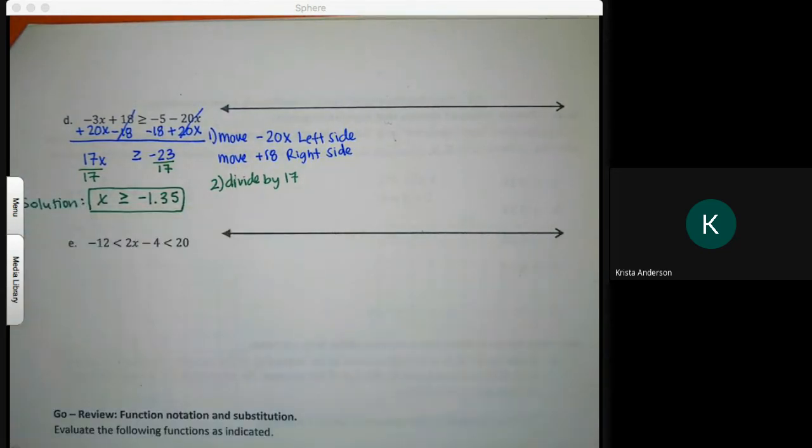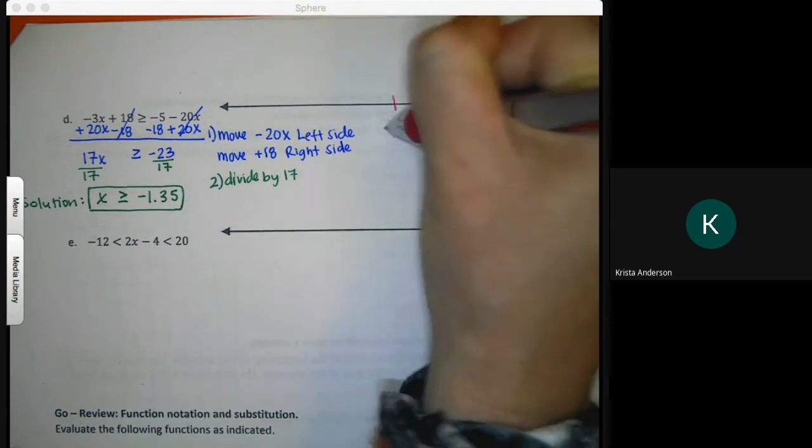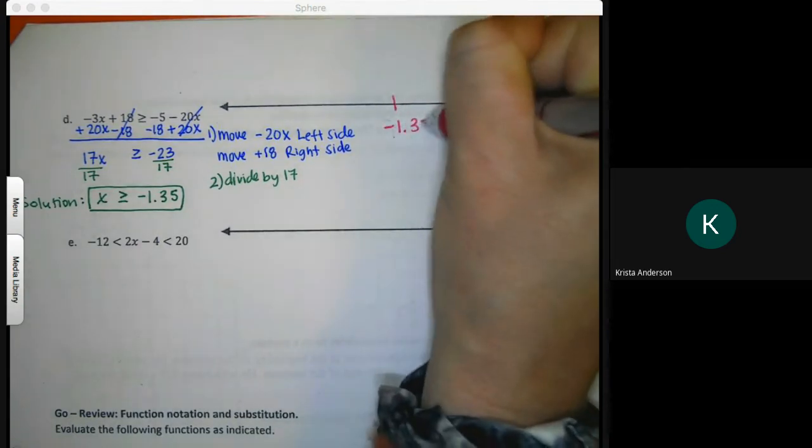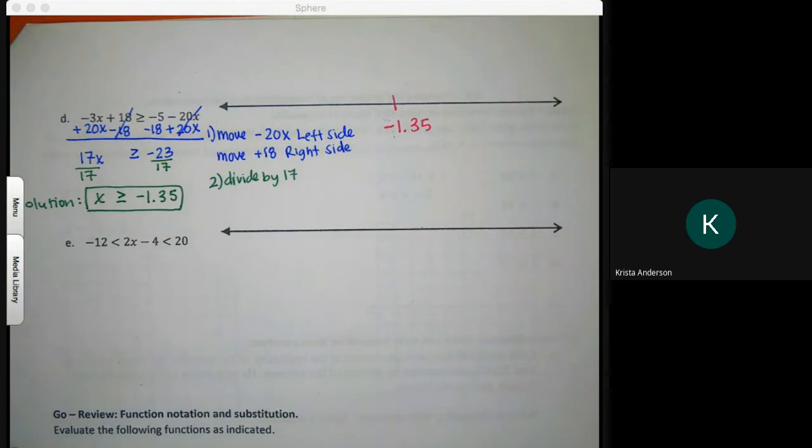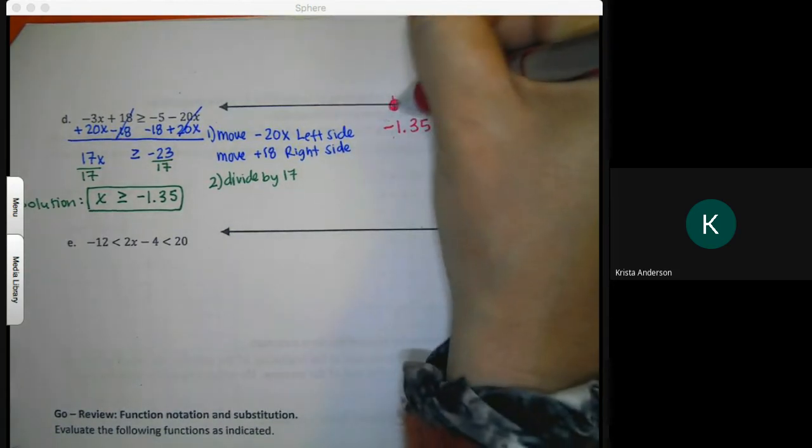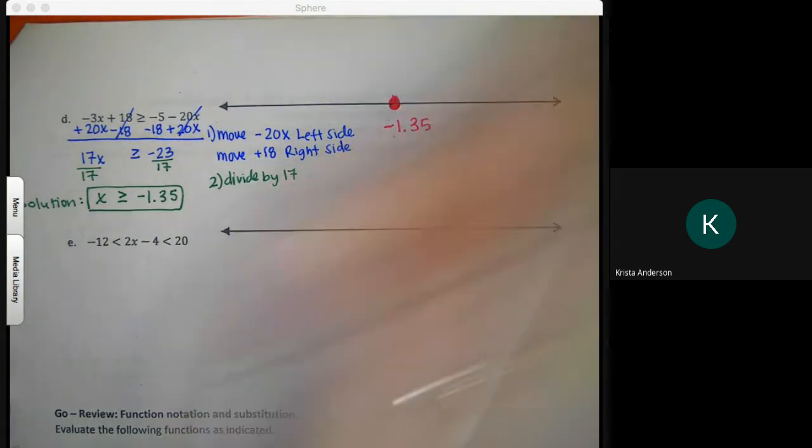So I would place my point at negative 1.35 as a, what type of dot is this one? It's different. Solid. Yay, we finally got a solid dot. Solid dot. And I shade to the right.